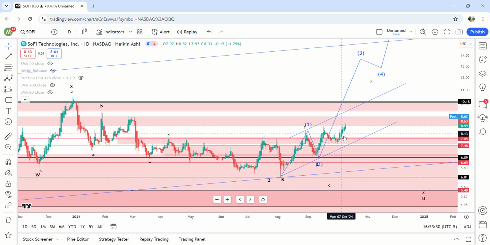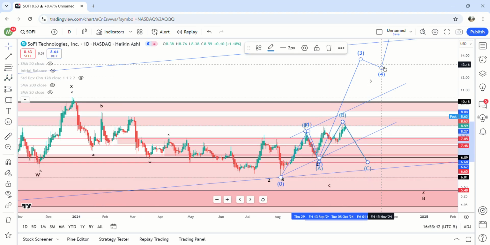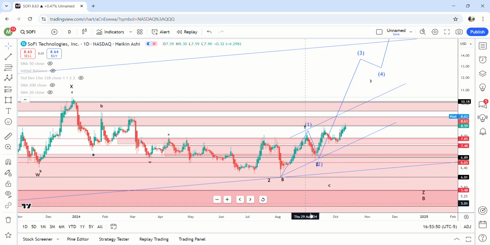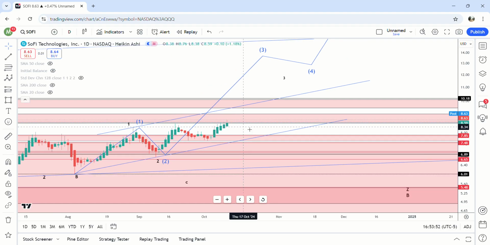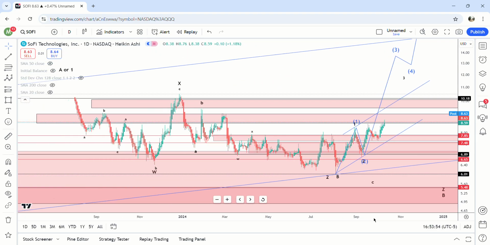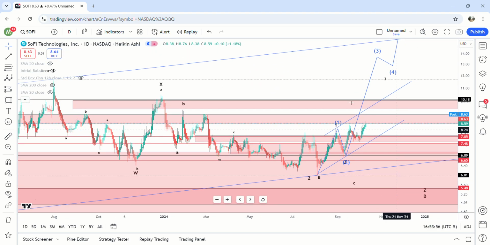So any kind of combination of move to get up to this area would have to happen. This is going to have to take off after earnings. If it does pull back, it could always end up being a B wave. Back down here, fill these gaps, and then go up, and it would still be a second wave, just a more extended second wave. But overall, it's basically got to do something like that in order to get up there. So where would I say I'm wrong?